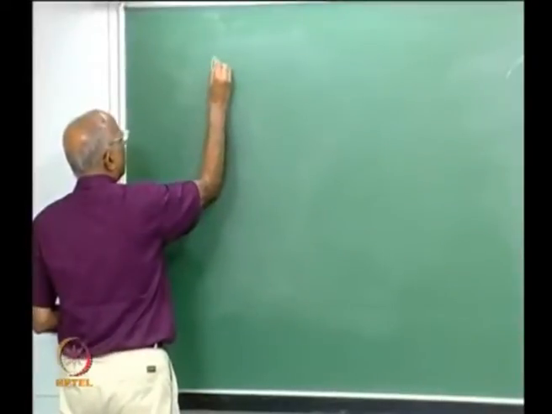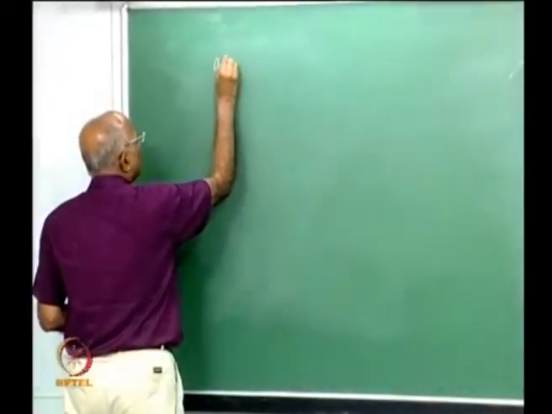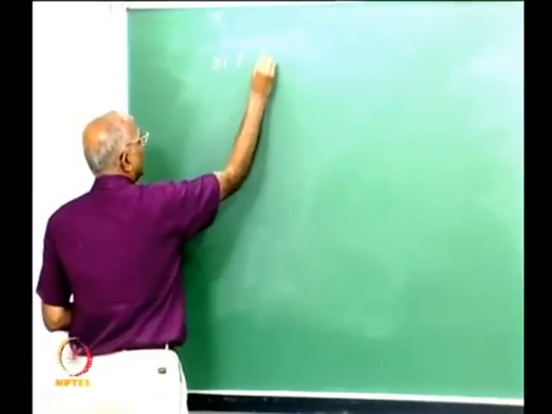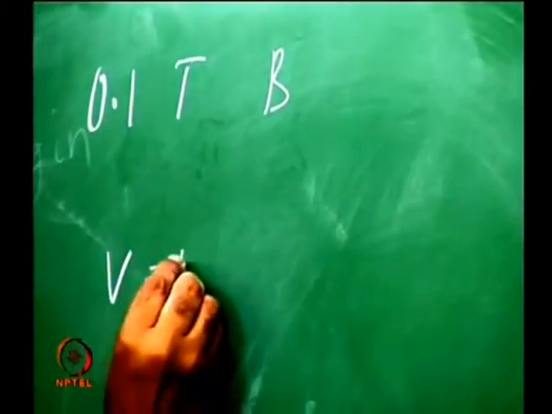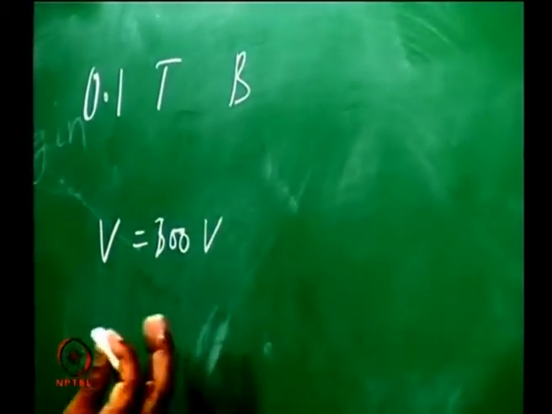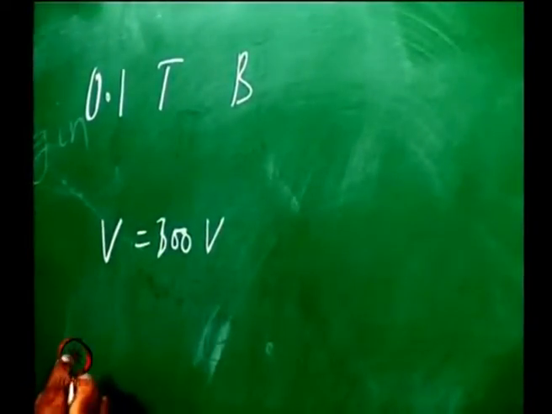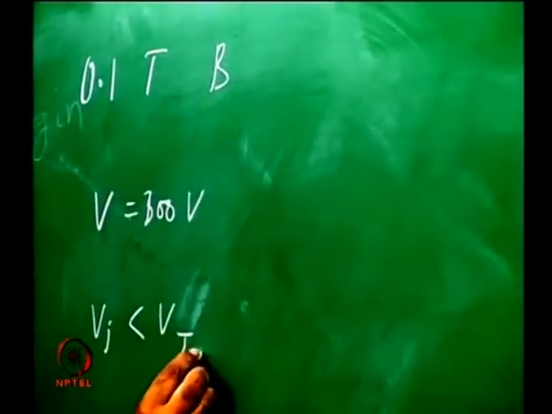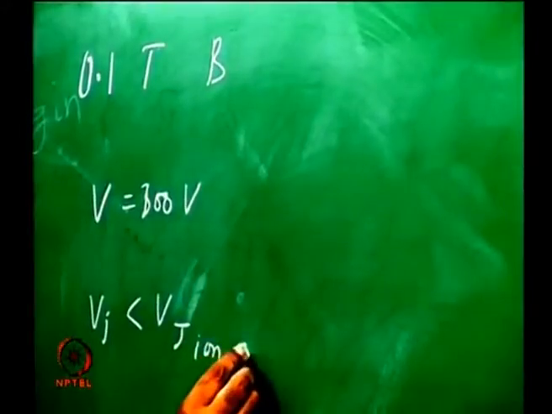Compared to that, around 0.1 to 0.3 Tesla is the strength of the magnetic field used in Hall effect thrusters. As I said, voltage is around 300 volts, and you can generate slightly higher thrust compared to the ion rocket, but as we said, the Vj is less than what you get in the ion rocket, the ion thruster.